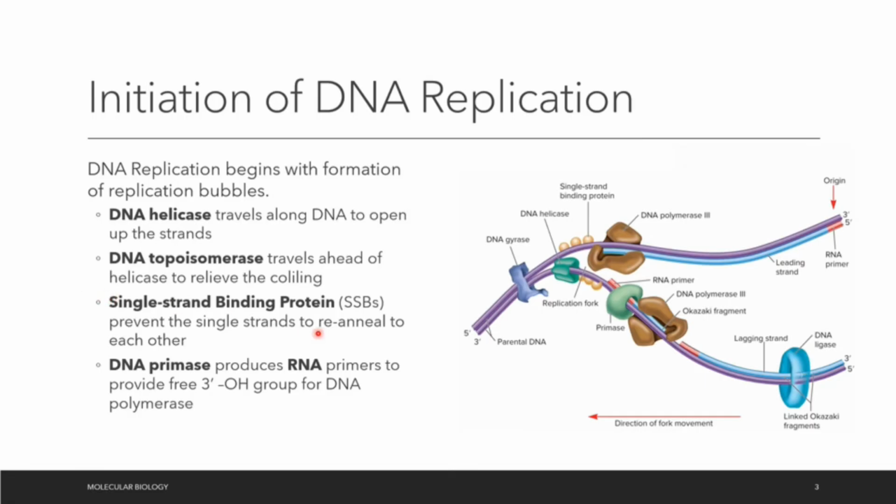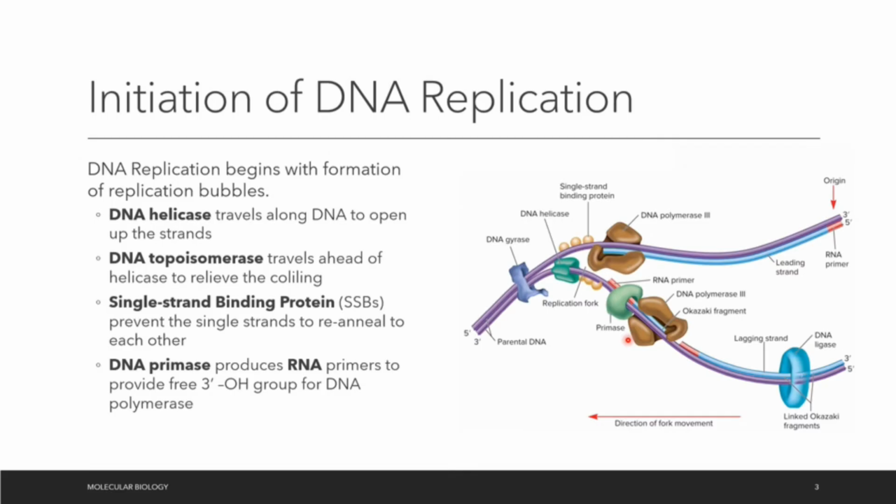Another very important protein is the single strand binding proteins, or SSBs, which are these orange dots connected to the bases. The SSBs hold the two strands of DNA in their single-stranded state so that they don't anneal back to each other before replication can take place.